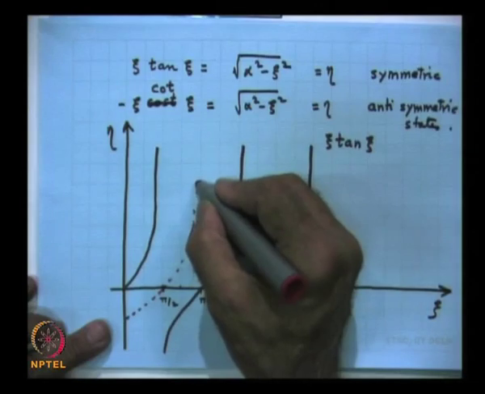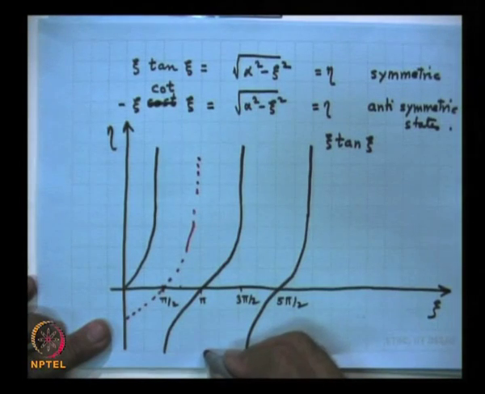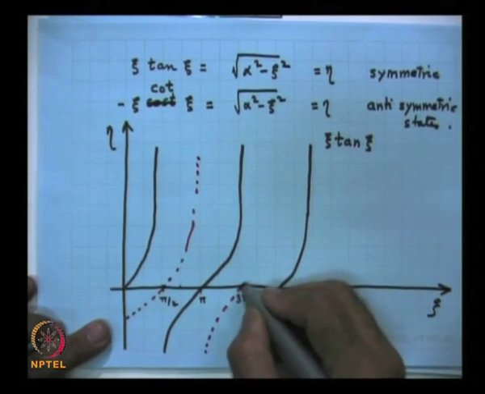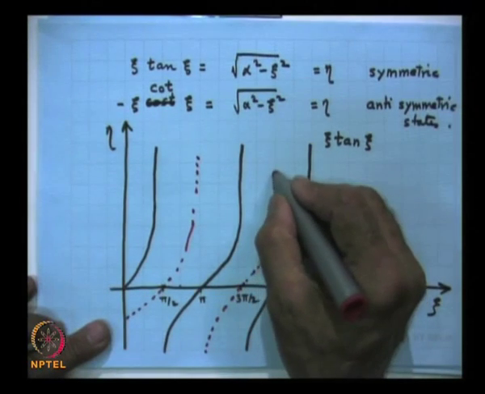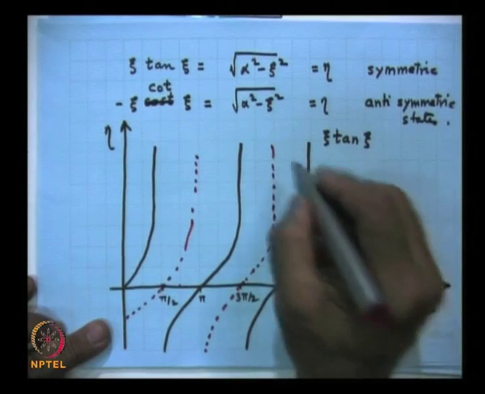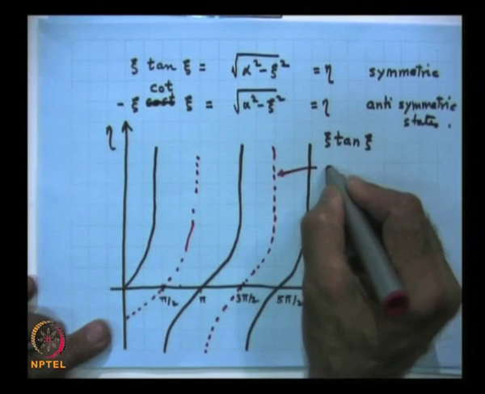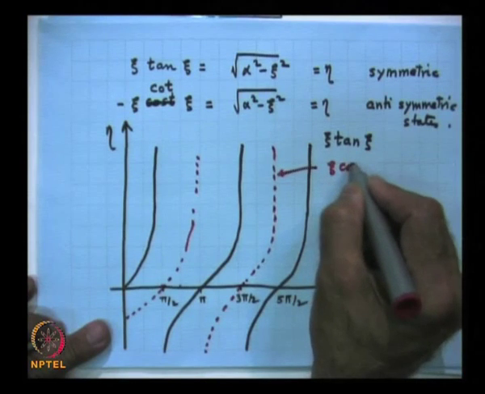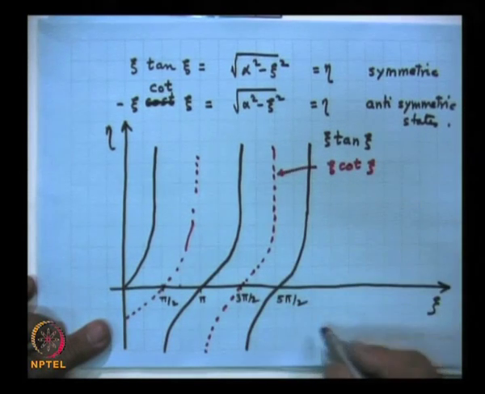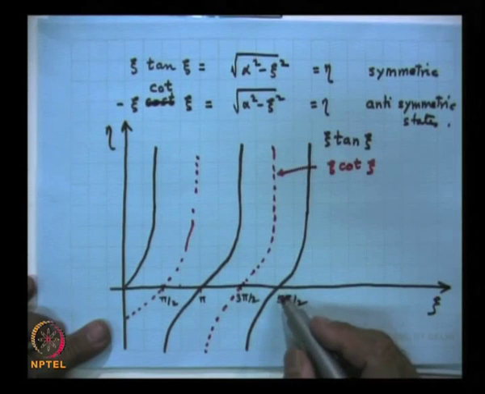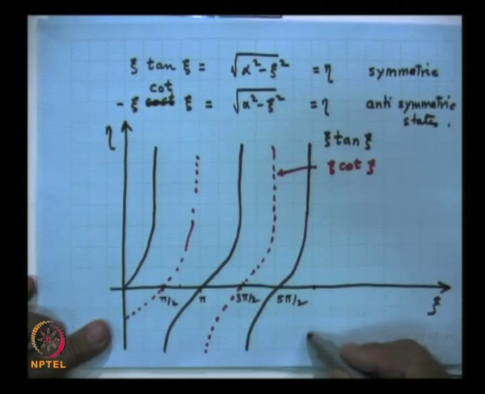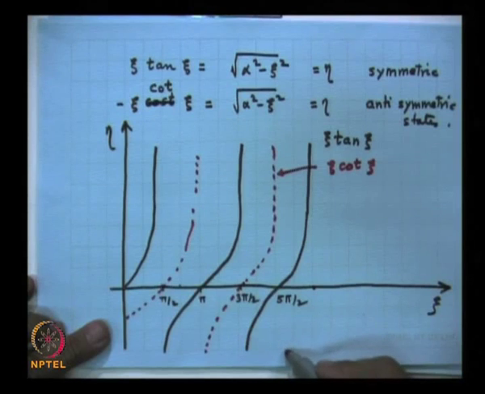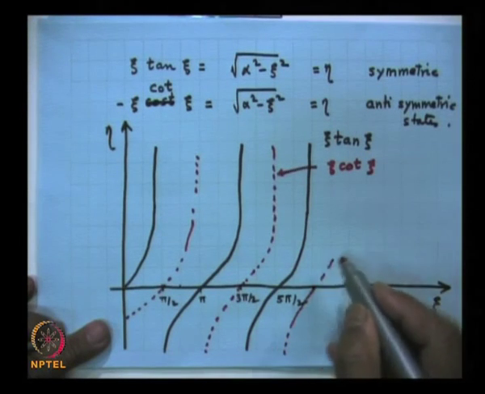It will go to infinity at pi, and then it will go like this, and at 5 pi by 2 it will go to infinity. So, this quantity, which I have shown with red pen, is xi cot xi, and something like this.